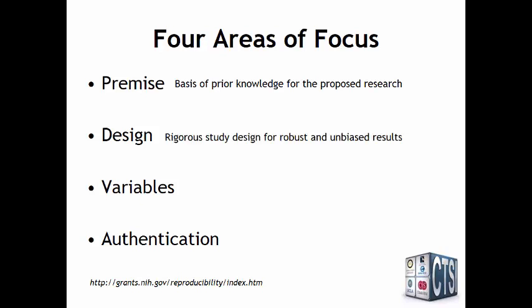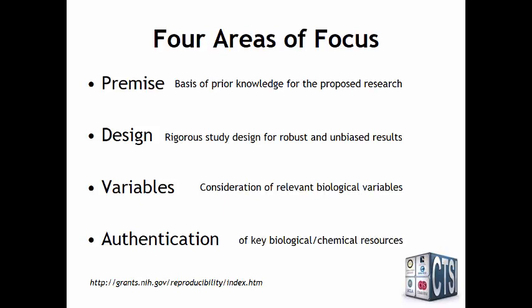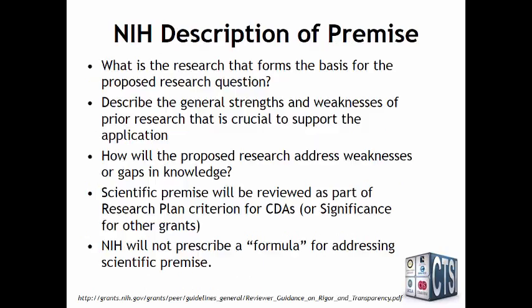Design is really making sure that people are very clear about the study design and that they will obtain robust and unbiased results. In the addendum section is the variable section, which is a consideration of the relevant biological variables, and then authentication of biological and chemical resources.